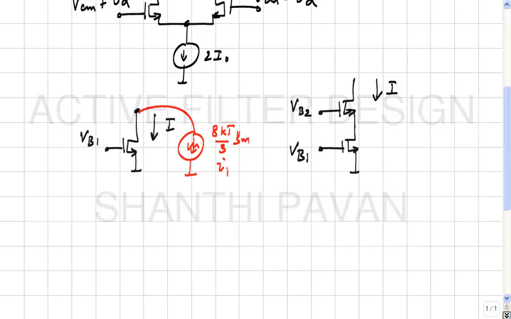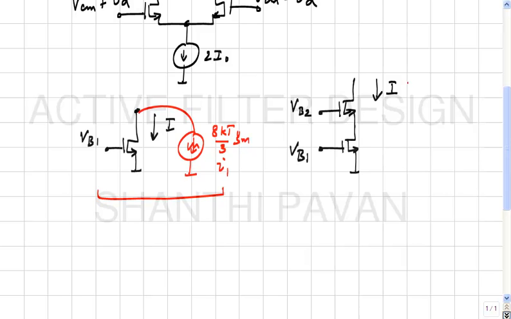Let me call this I1. Okay. Now, what would be the corresponding situation in the cascoded current source? If I want to find, in this situation here, apart from the current I, a zero mean noise current, whose spectral density is 8 kT by 3 gm ampere square per hertz, right.